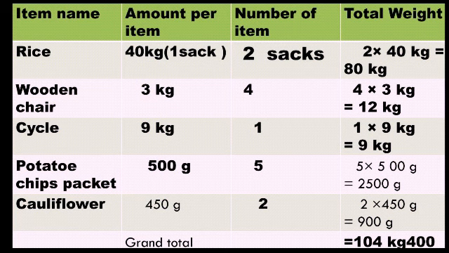Now we can make the grand total. How to make the grand total? You can add the weights. So 80 plus 12 plus 9 plus 2,500 gram, that means you can convert it to 2 kg 500 gram, and then 900 gram. After adding I have got 104 kg 400 gram. I wrote gram but it is cut off, sorry for that. You can add the grams also. Easily understand that it is more than 100 kg, so it crosses 100 kg weight.